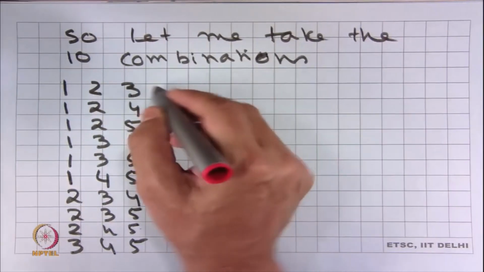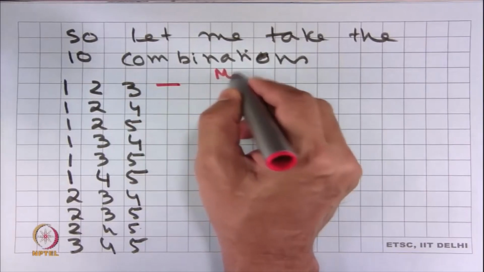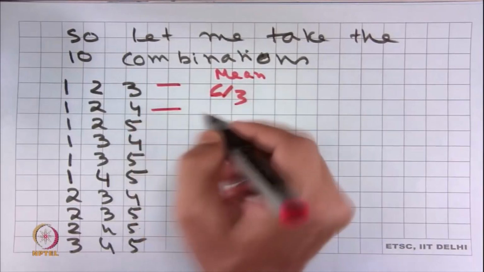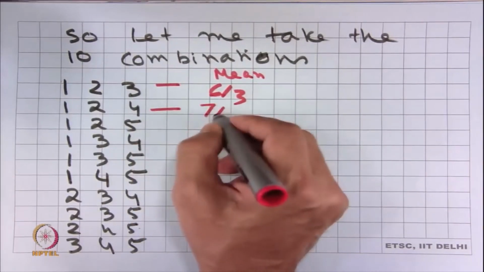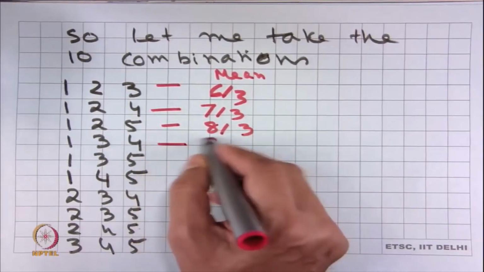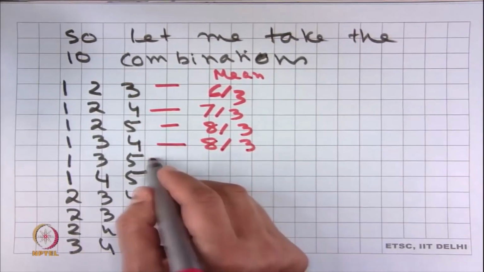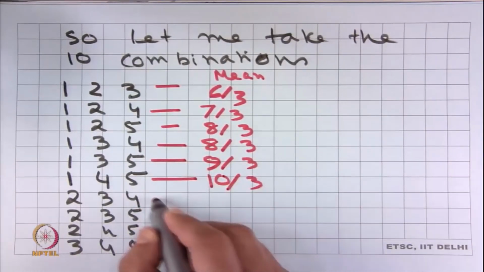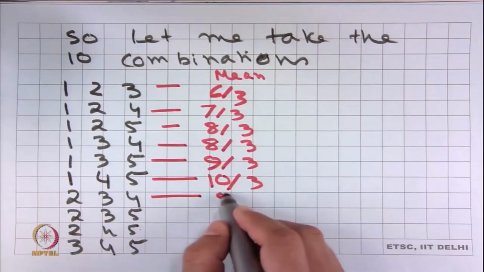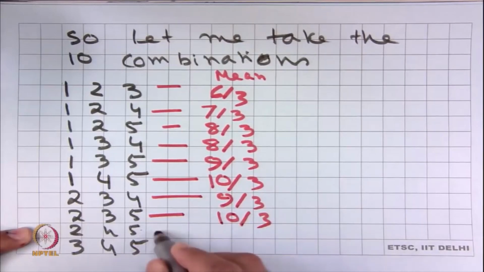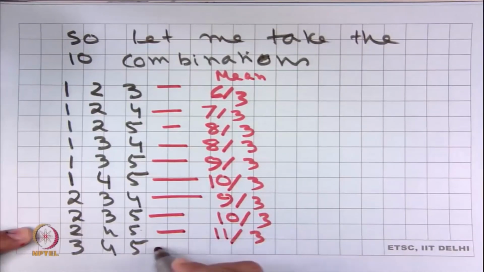What are going to be their means? Their means are 6 by 3, 7 by 3, 8 by 3, 8 by 3, 9 by 3, 10 by 3, 9 by 3, 10 by 3, 11 by 3, 12 by 3.